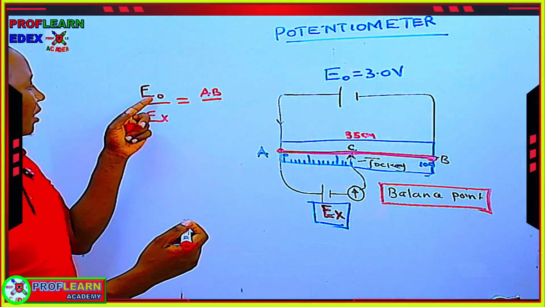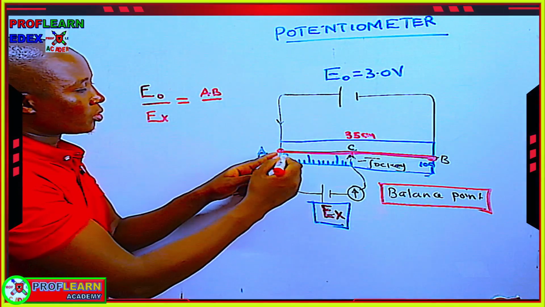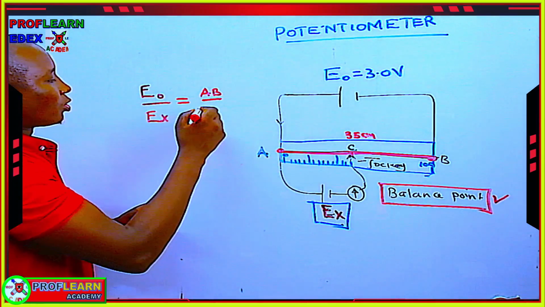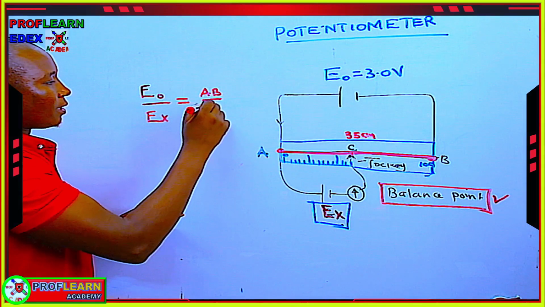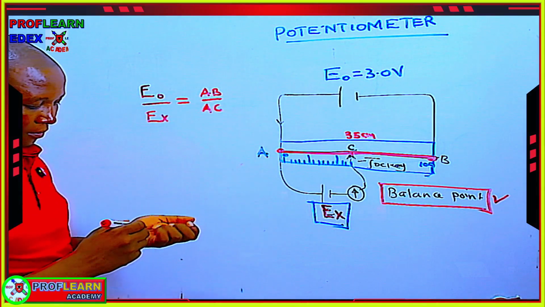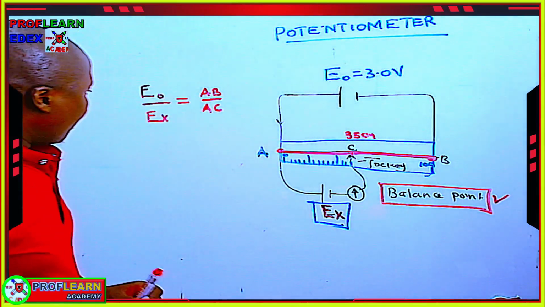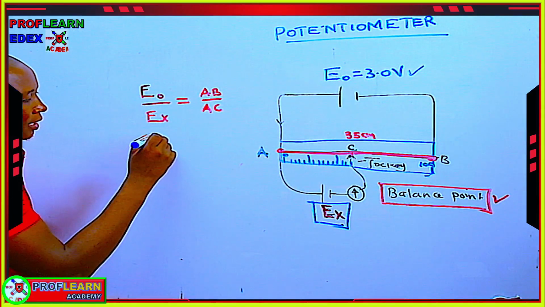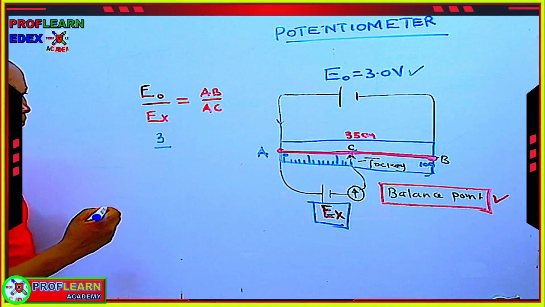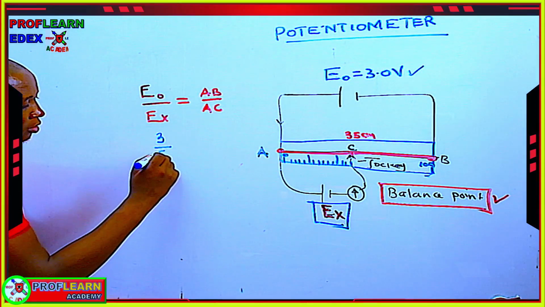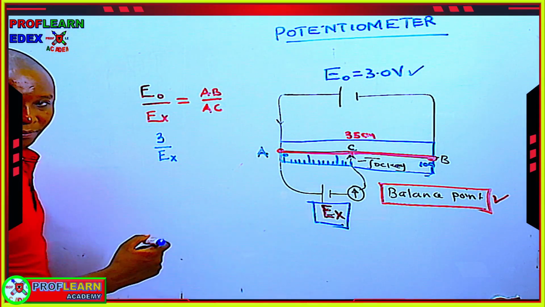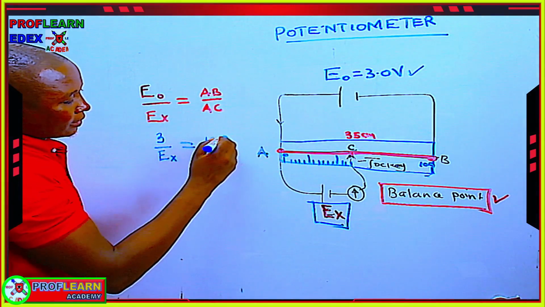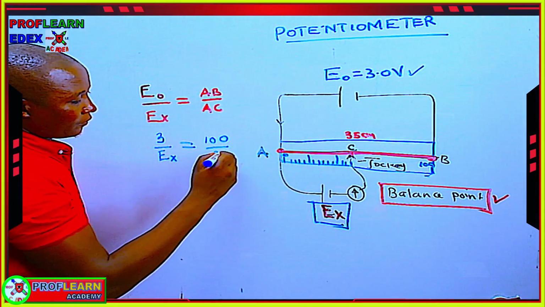So E naught over EX is equal to the length where you got the balance point, and that is going to be our length AC. Since we know this EMF at this point, we substitute and say 3 over EX, which is the unknown we're trying to find, is equal to AB, which is 100, divided by 35.